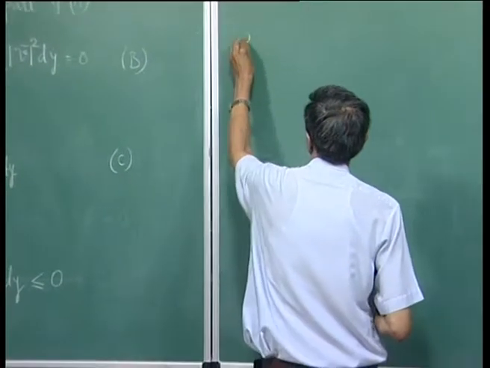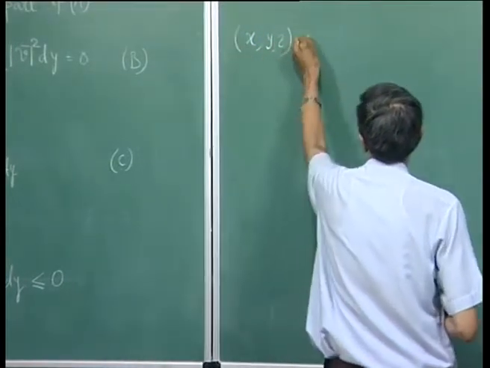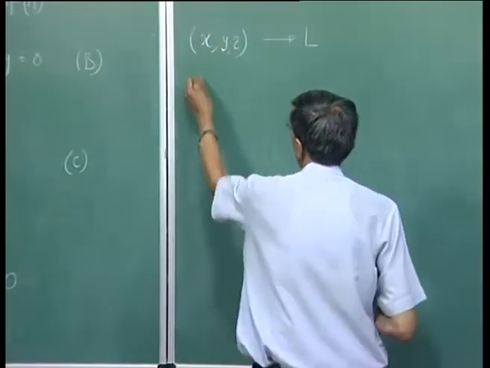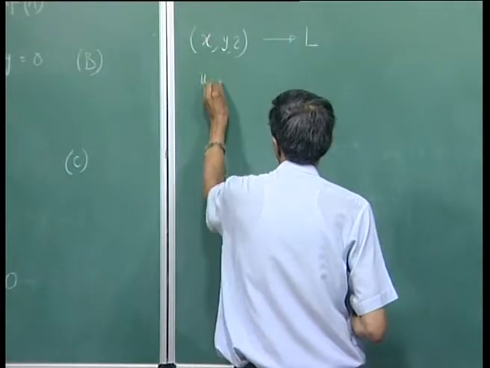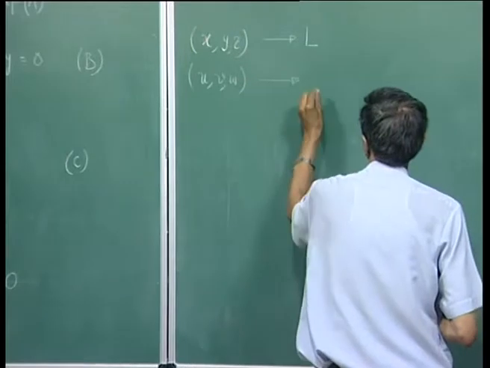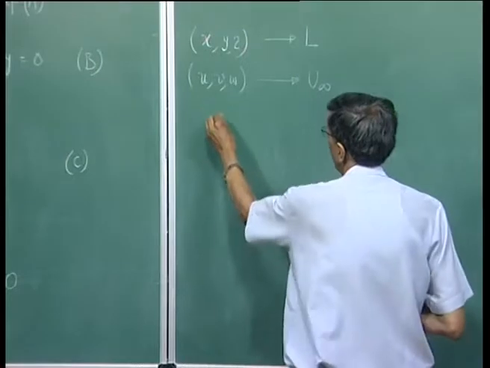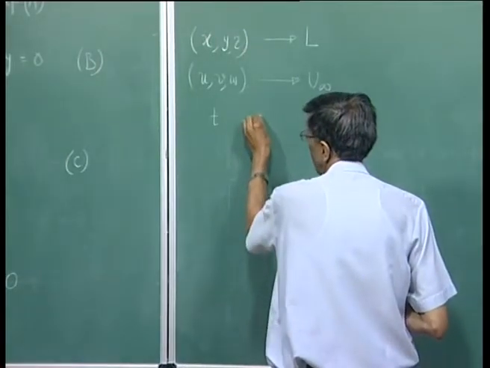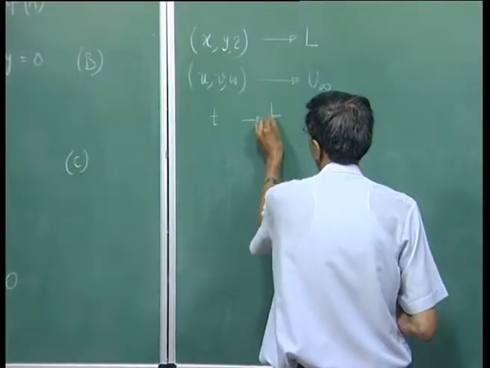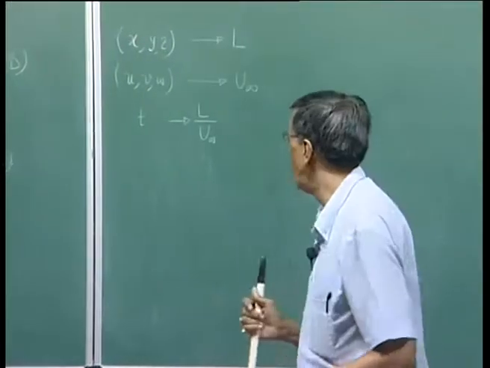Say, for length scale, if you have x, y, z, you refer it to some length scale L, and the velocity components, the total quantity, we will talk about this. What about time then? Time will be referred to a time scale. The time scale will be brought out by L by u infinity, right.